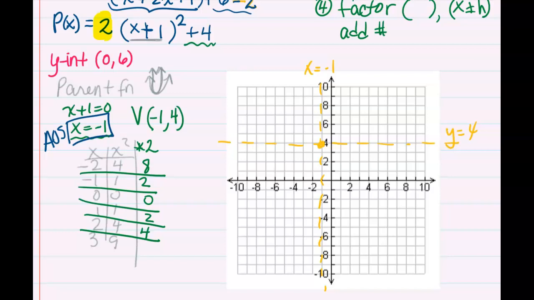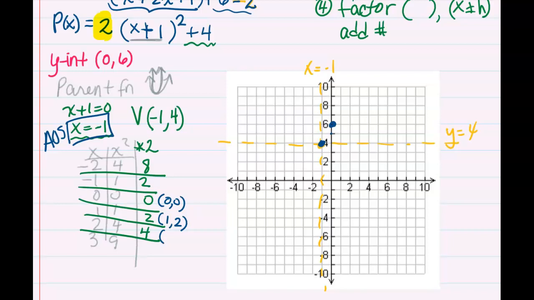Okay, so now we're ready to graph. So I know that we have the point 0, 0, which means we're on our new origin, which is our vertex of -1, 4. For the next point down here, it says go over 1 and up 2. Normally we go over 1 and up 1, but we're going to go up 2 because of the multiplier.